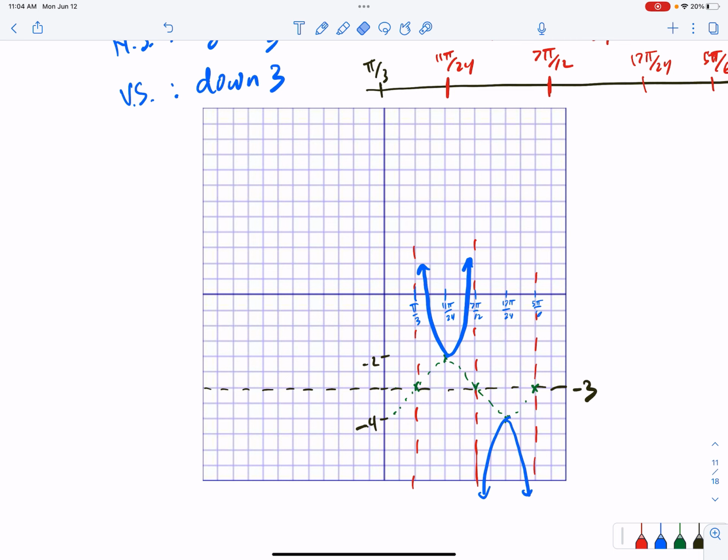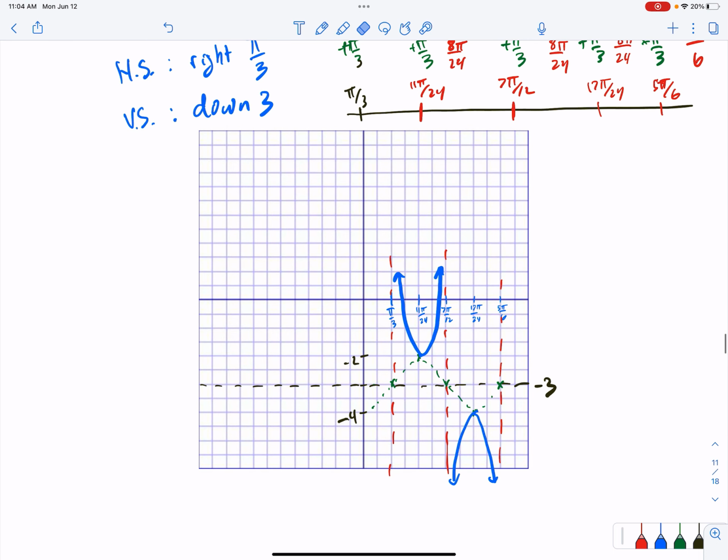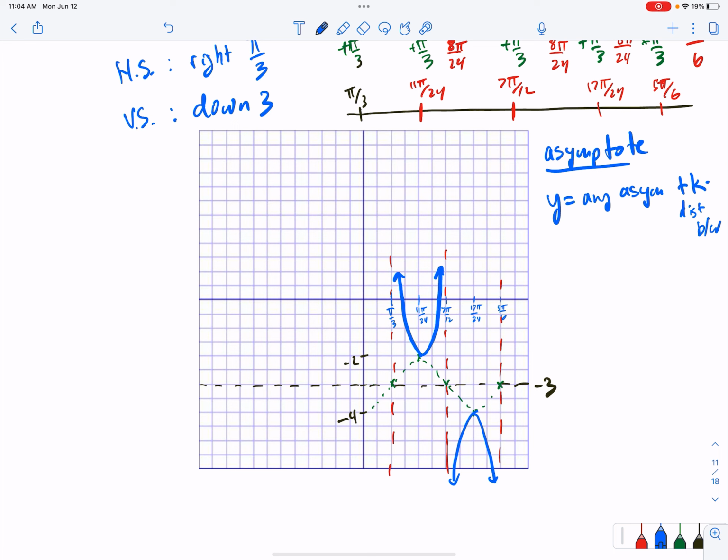All right, so what we need to do is come up with the equation of the asymptotes, just like we saw before on the previous example. It's y equals any asymptote plus k times the distance between asymptotes.